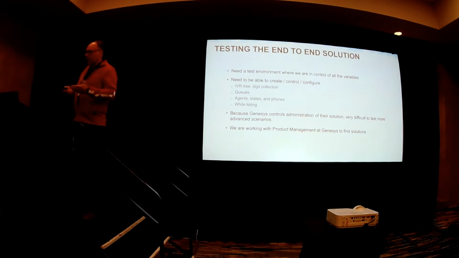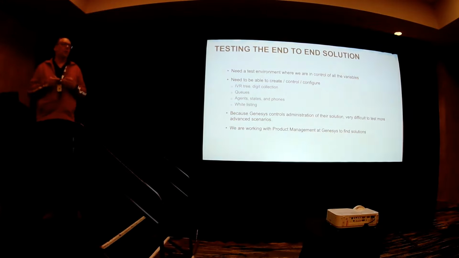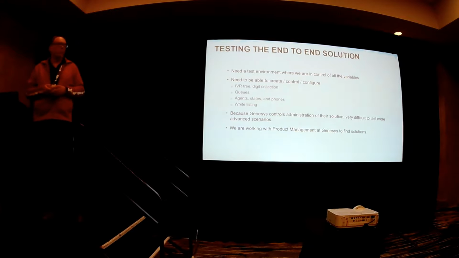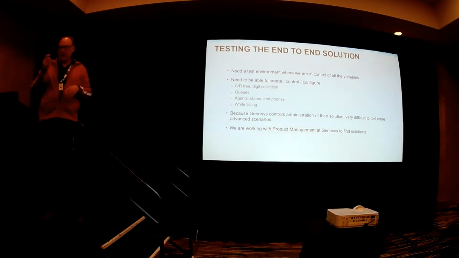So as we're testing, as I talked about before, some of the key challenges are really the local control of the variables. When we build integrations with on-premise projects, we have lots of control of the IVR trees and the digit collection and queues and agents and states and all that kind of stuff, and we can really fiddle with it so that we can run different test scenarios.